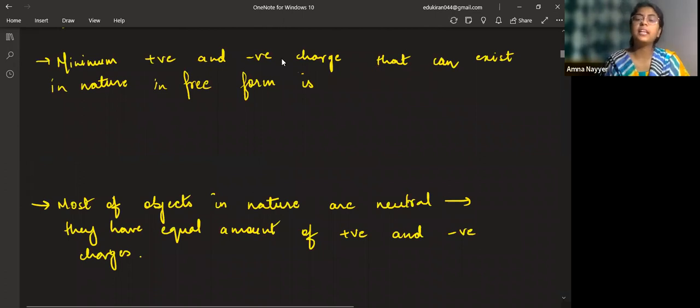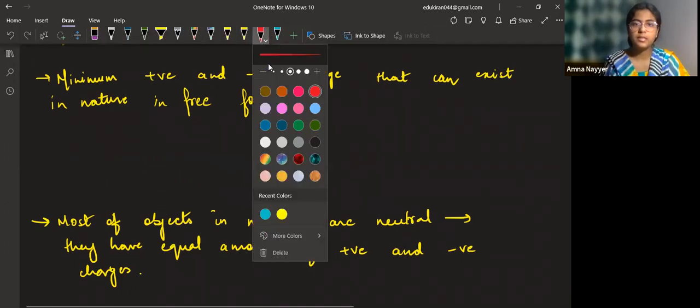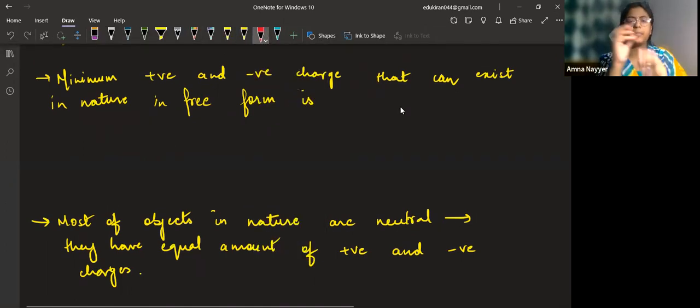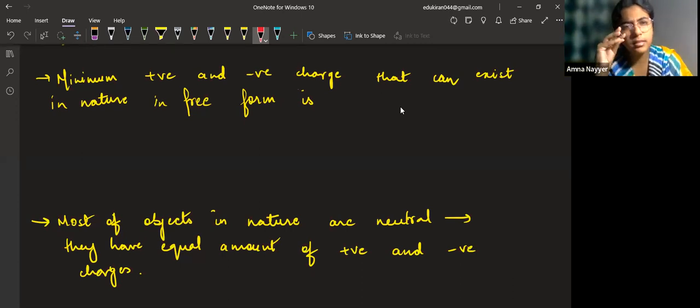Minimum positive and negative charge that can exist in nature in free form. This means that there is a certain minimum value of charge that has to be present for charge to come into existence.